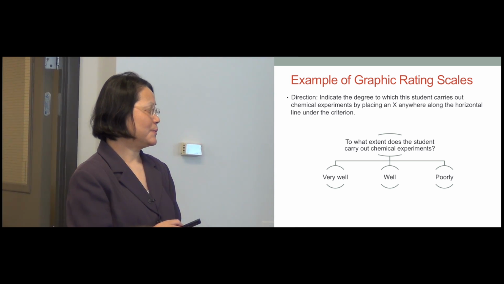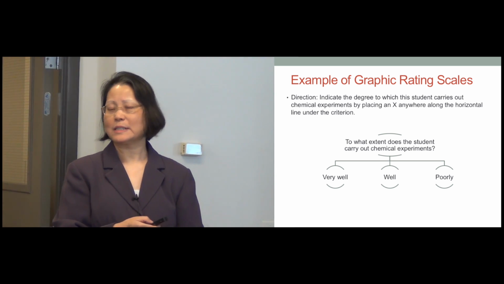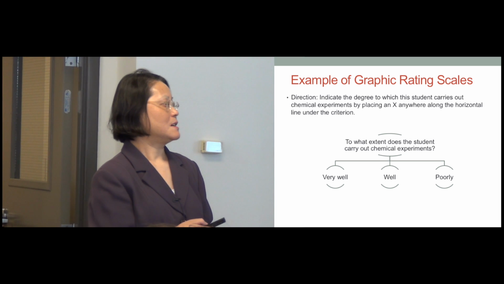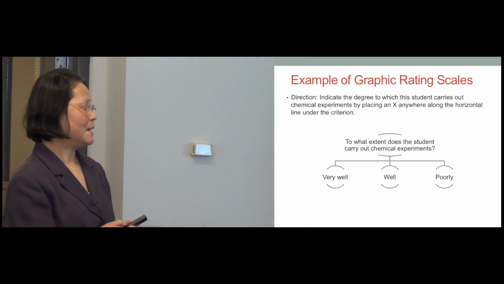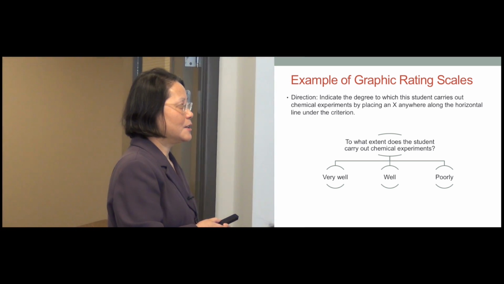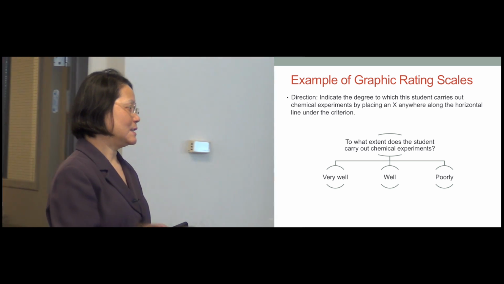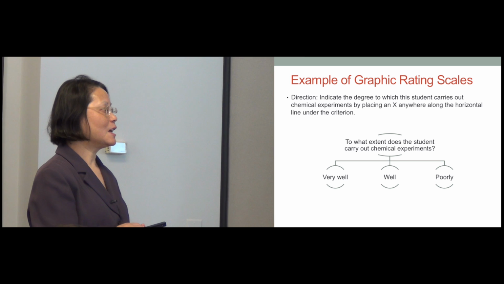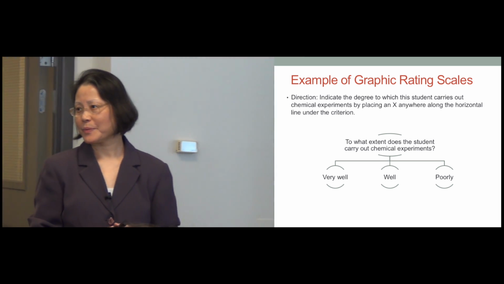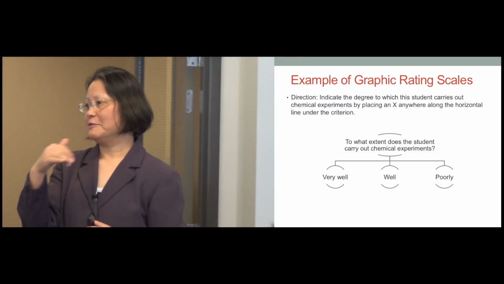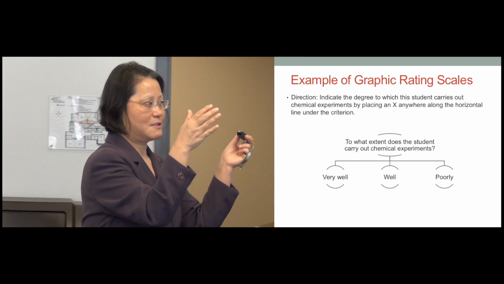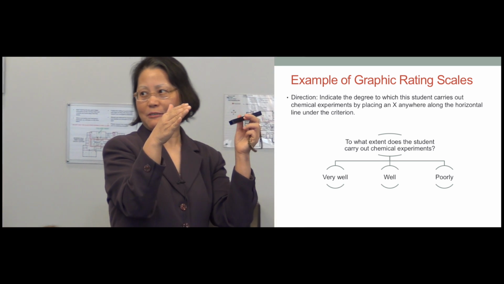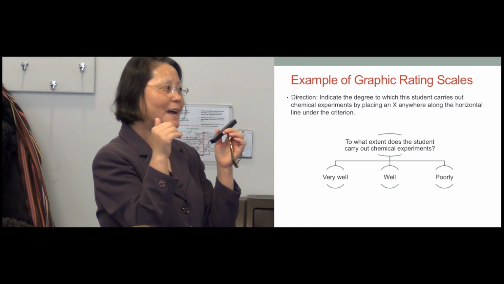So you just write your words under the horizontal line, and again the question is to what extent the student carries out a chemical experiment. So instead of circling the number, you see different levels along this horizontal line.